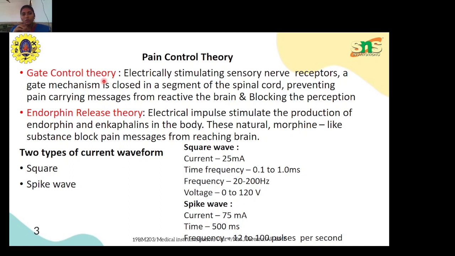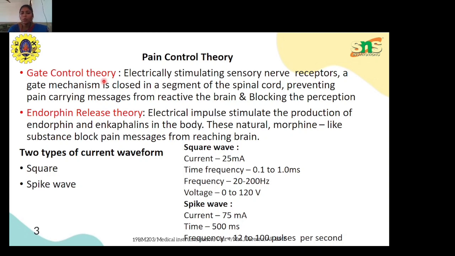In the gate control theory, that particular segment in the spinal cord where the gate mechanism is happening, we are stimulating by means of electric current. That way it remains closed even when the signal is arising over the spinal cord.